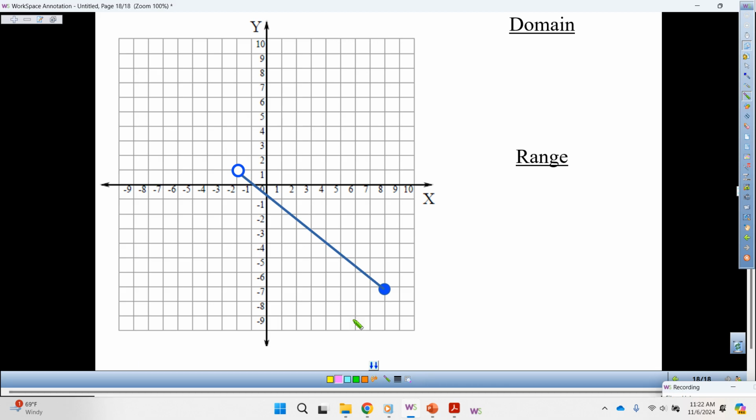On the left side, tell your neighbor what's the value of x that we're going to use, and on the right side, what's the value of x that we're going to use in order for us to cover the entire section of that. Or from where to where does our laser gun have to go? Talk it over to your neighbor, and then we're going to have Sebastian pass it to someone so they can help us out. Remember, right now we're on domain, which is on the x-axis, x values.